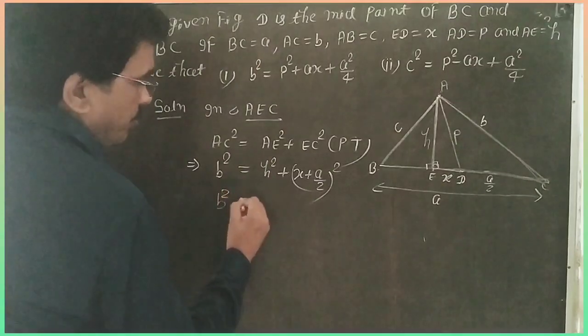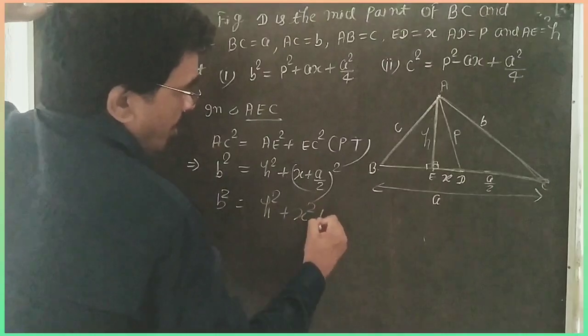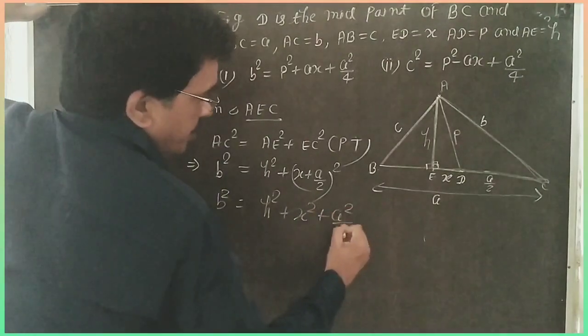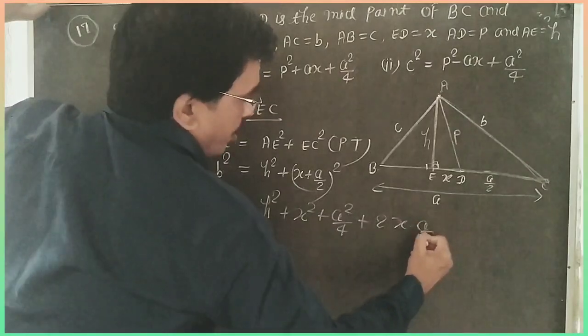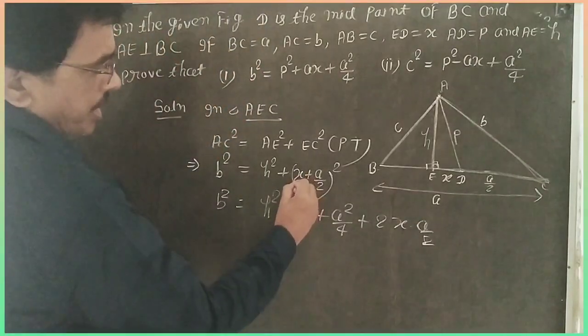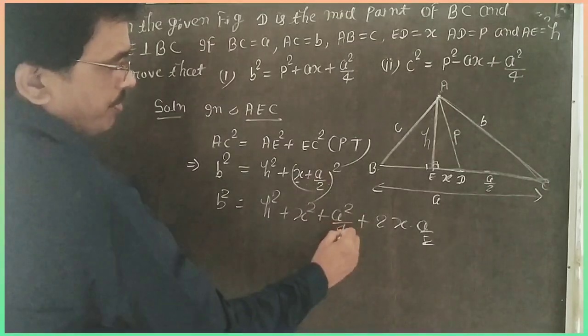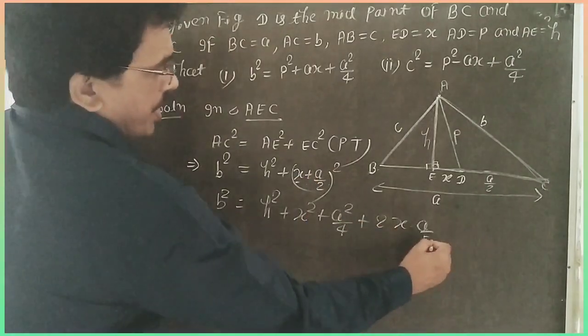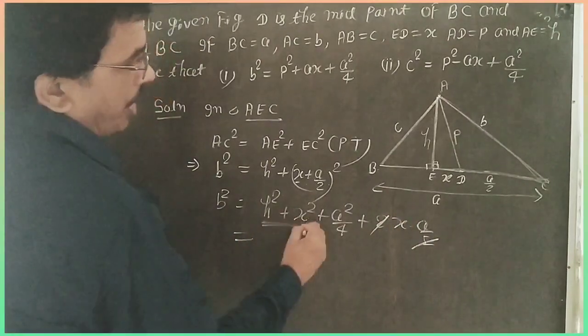Hence b square is equal to h square plus x square plus a square by 4 plus 2 into x into a by 2, because it is a plus b whole square, so I write a square plus b square plus 2ab. This is cancelled. h square and x square is half.